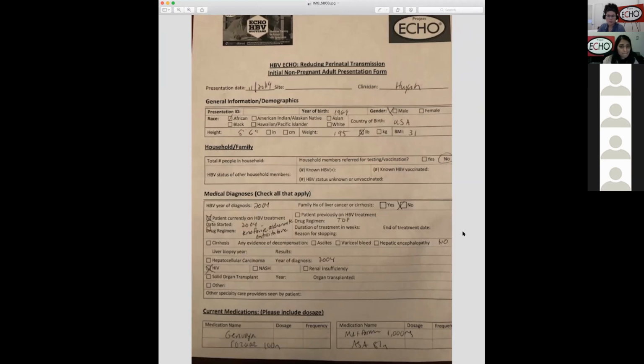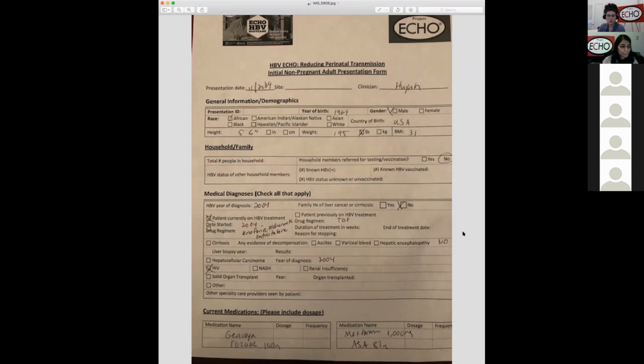Sometimes I add on some hepatitis B tests. We always check the ALT and AST, but probably once a year we'll look at his DNA, sometimes more often. He's not super compliant in coming in for visits. I probably see him two or three times a year, but he is really good at taking his medications, and that's always been a relief.